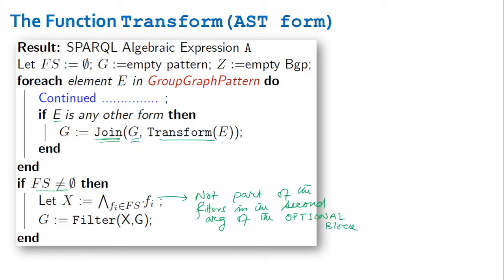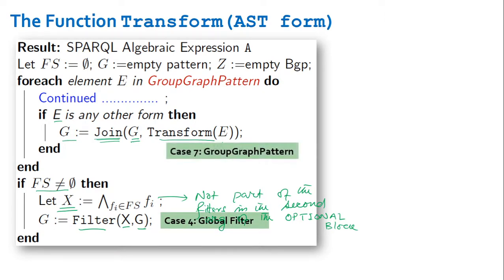So these filters are the global filters. So you take a conjunction of all these filters, and this conjunction will give you another Boolean expression, which is capital X, and you apply the filter operator X over the graph that you have obtained finally, right? So this is going to be your algorithm, right? So this is the case 4, which is the global filter, and this is case 7.